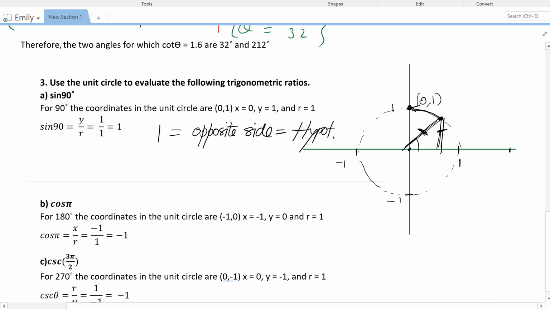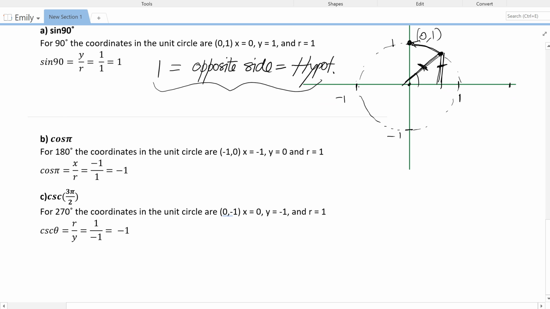By doing that, y is going to be 1 and r is also 1, and that's right. You can add this extra information, but the logical reasoning that you're using is right. Y coordinate is 1 and r is 1. This triangle just looks like a straight line.